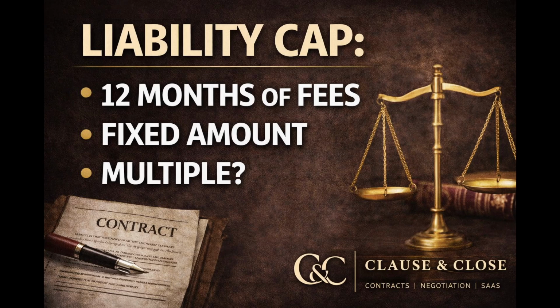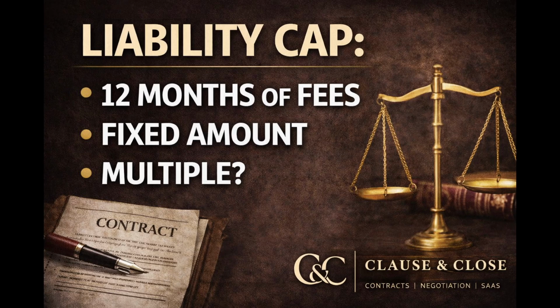Third, it works relatively well in recurring contract models. Why? Because in SaaS, the relationship is often ongoing, payments are periodic, and the supplier's exposure is expected to remain aligned with the revenue generated over time. Fourth, it is easy to defend in negotiation.